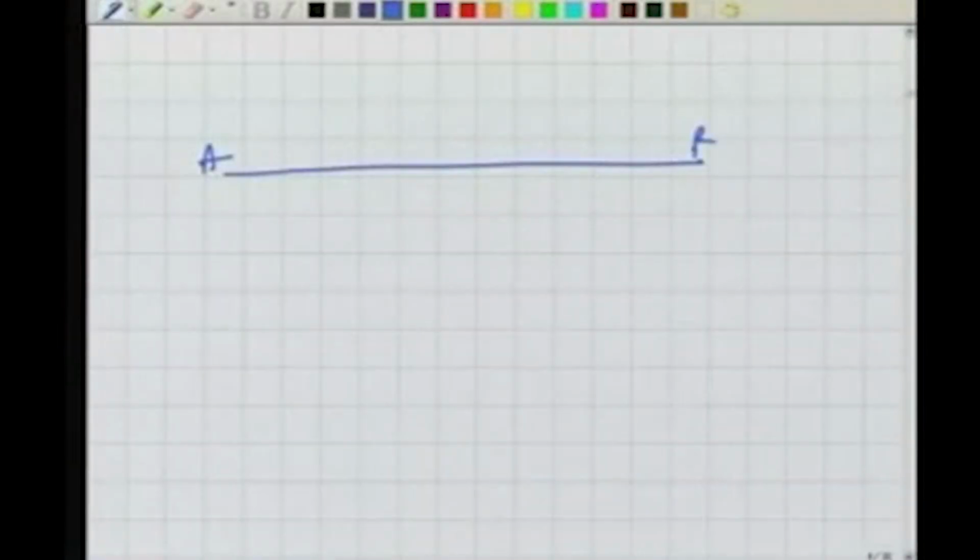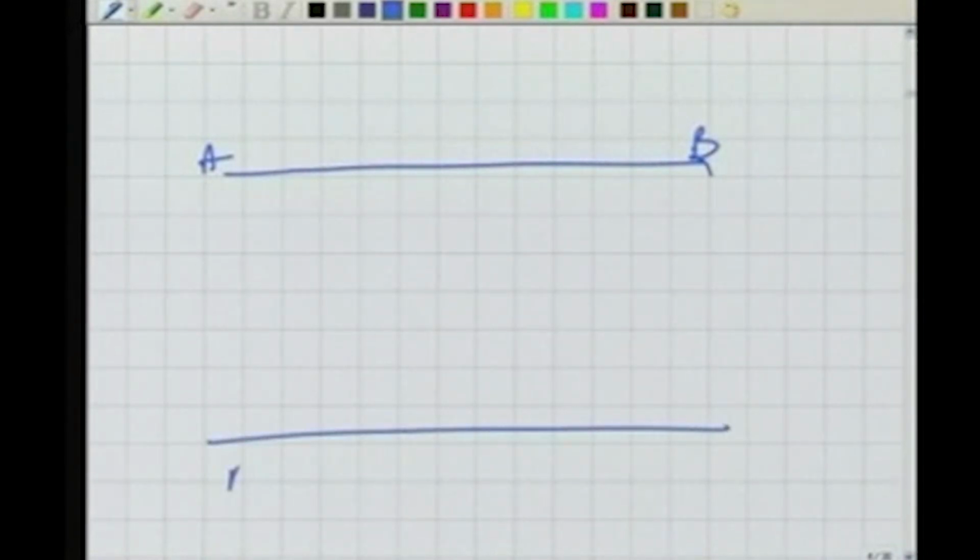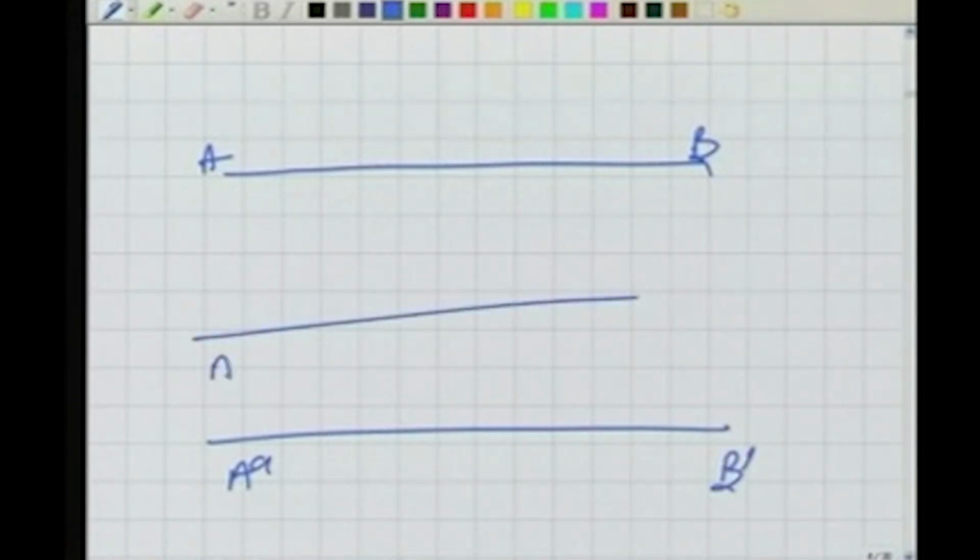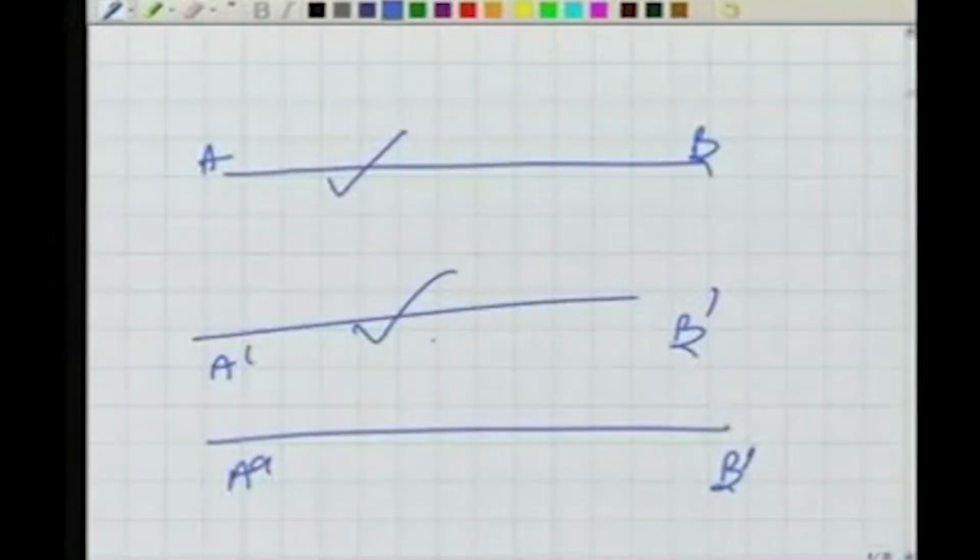Let us say this is in our map, chain line AB. Where do I plot the chain line A dash B dash? Should it be here, A dash B dash, or should it be here, A dash B dash? Now, this is important. We need to know a relationship between these chain lines also.